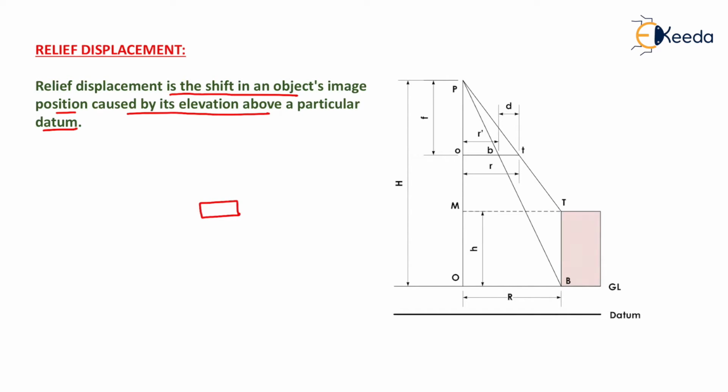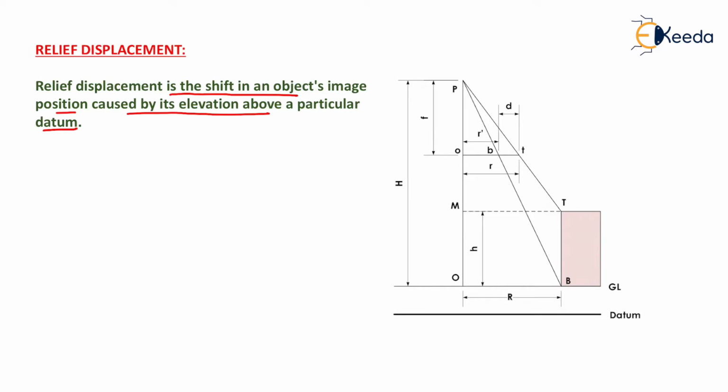But if we keep the axis of the camera inclined with the vertical intentionally, then we will take the oblique photograph of the object, and when we take the oblique photograph of an object, then in the photograph the height of the object also comes, that is shown here, and that horizontal distance on the photograph is known as the relief displacement. So relief displacement corresponds to the height of the object on the photograph.